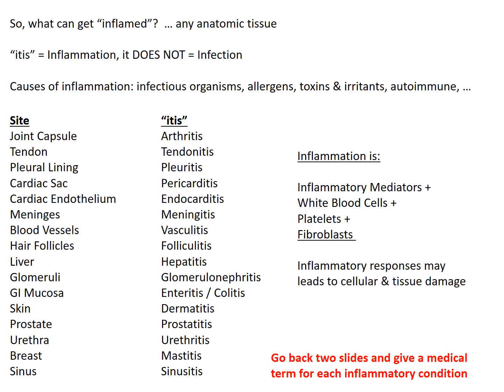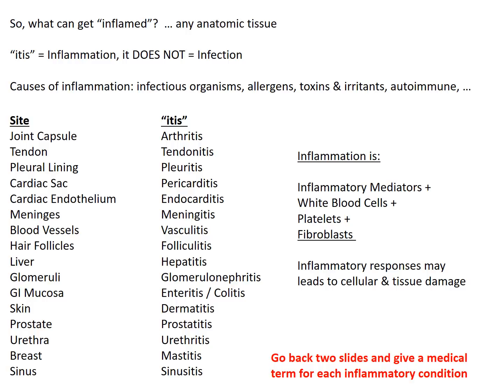If your sinuses get inflamed, sinusitis. If your blood vessels get inflamed, vasculitis, right? So itis implies inflammation. It does not imply infection. While infections are common causes of inflammation, not all inflammatory processes are infectious, right? And you understand that already, right?